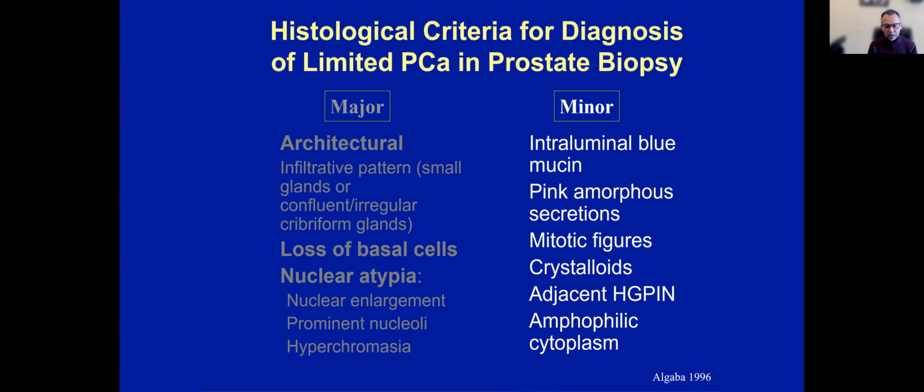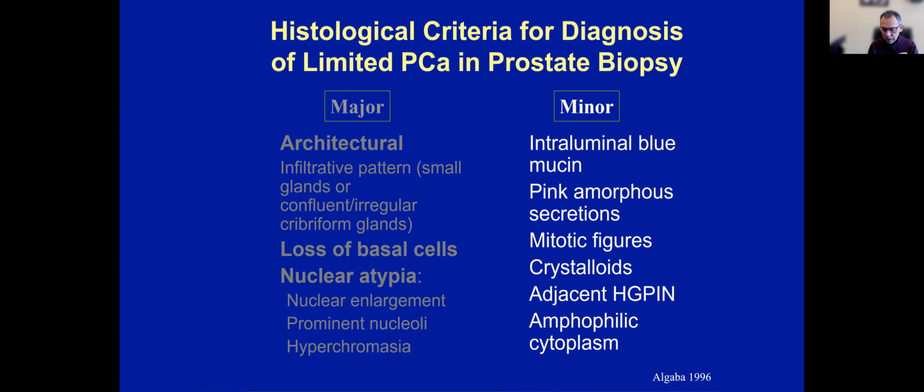So we talked about major features. Now minor features, as I told you, are not very reliable, but they can be very helpful to pick up the lesion at low power examination. Particularly the one that I really am fond of is amphophilic cytoplasm, which I always emphasize to all of you: when you look at a prostate biopsy at 4x magnification, look for the subtle cytoplasmic differences in reference to adjacent benign glands.